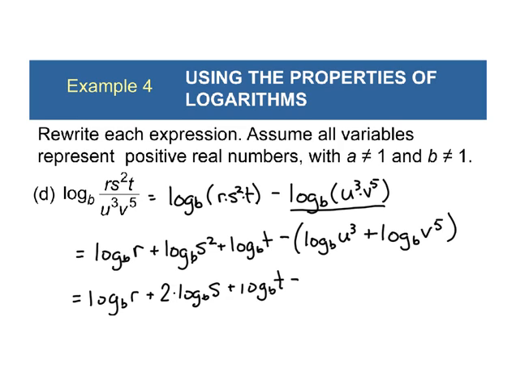Then minus, I'm going to distribute this negative sign along with placing the exponents in front of the logarithms. So minus 3 log base b of u minus, oh, I forgot to put that 5 in front. 5 log base b of v. And now we're finally done expanding this.